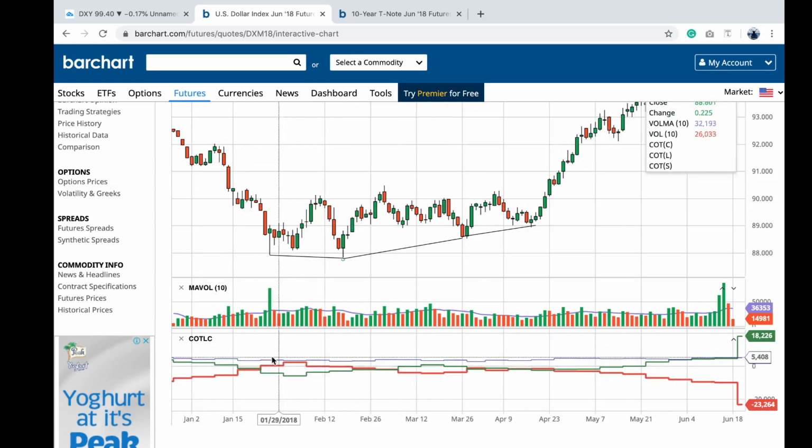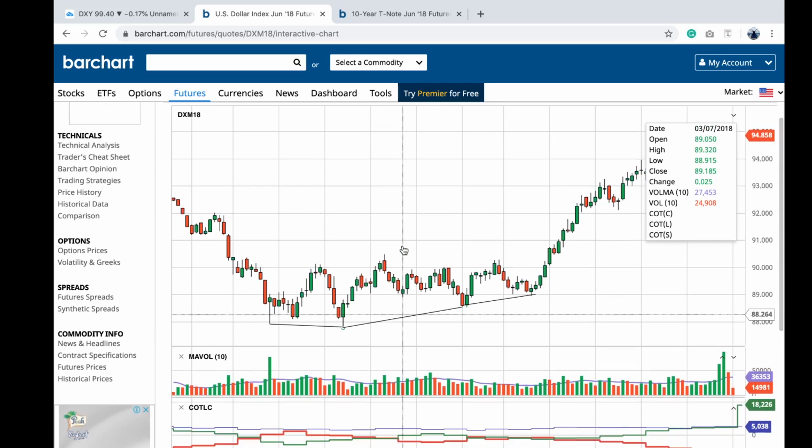Remember, if the COT is above the zero mark, that means we're net long on a central bank basis. Okay, so longs are being accumulated inside of this range, and you can see as price started to trade higher, the net long positions were being distributed to the downside as price crossed the zero mark. So this is what you can use as an alignment with your analysis on the fundamental basis.